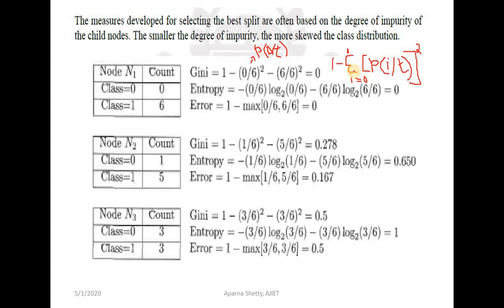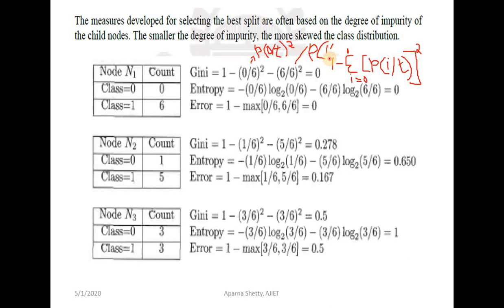Here the summation is i equal to 0 and 1. So for the first term, i will be 0: P of 0 given t the whole square, and for the second term, i will become 1: P of 1 given t the whole square.